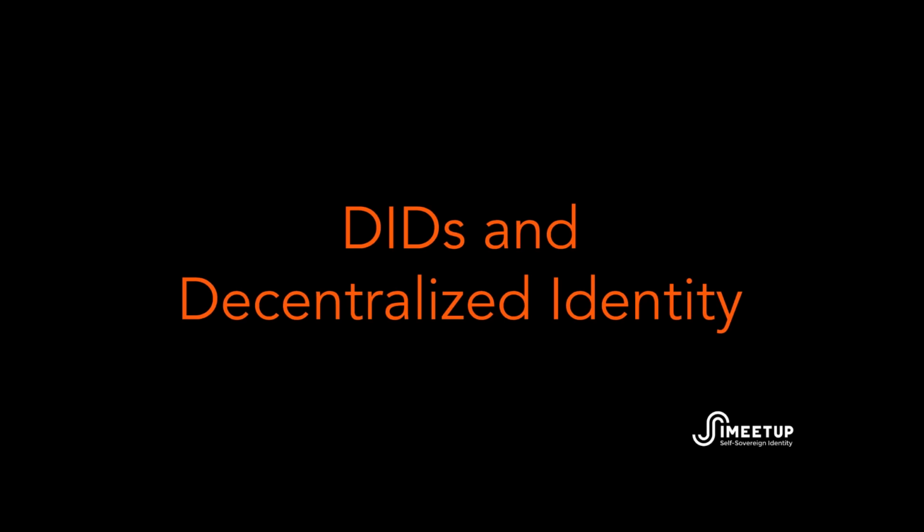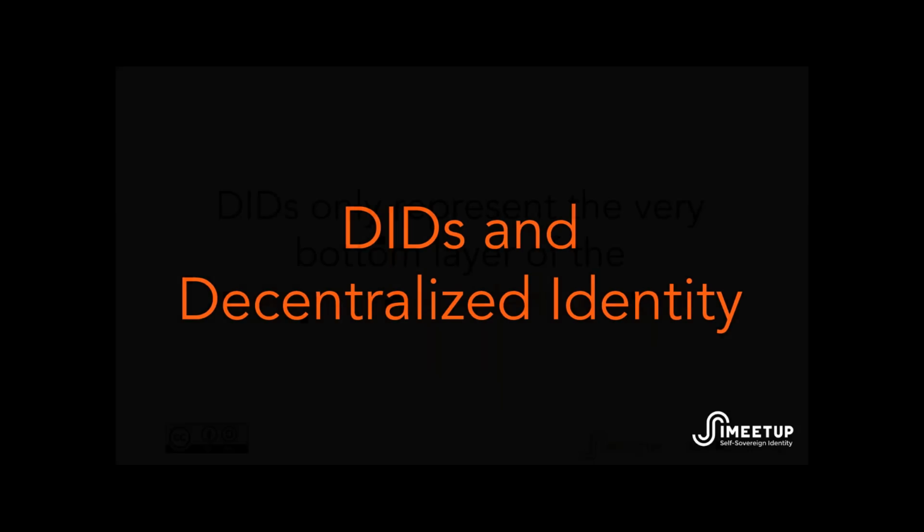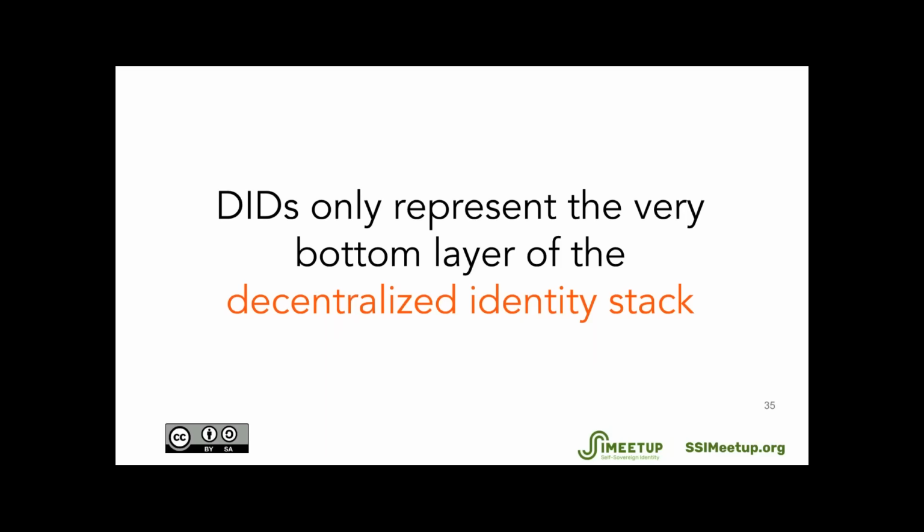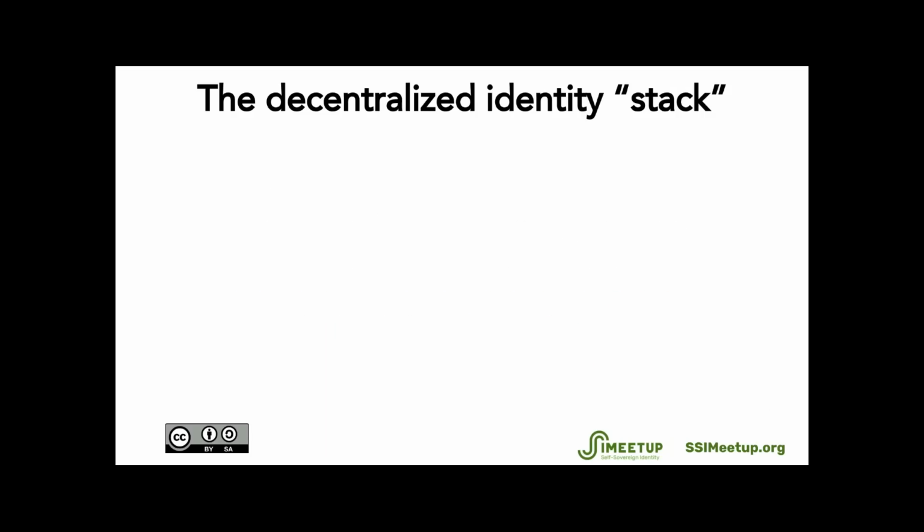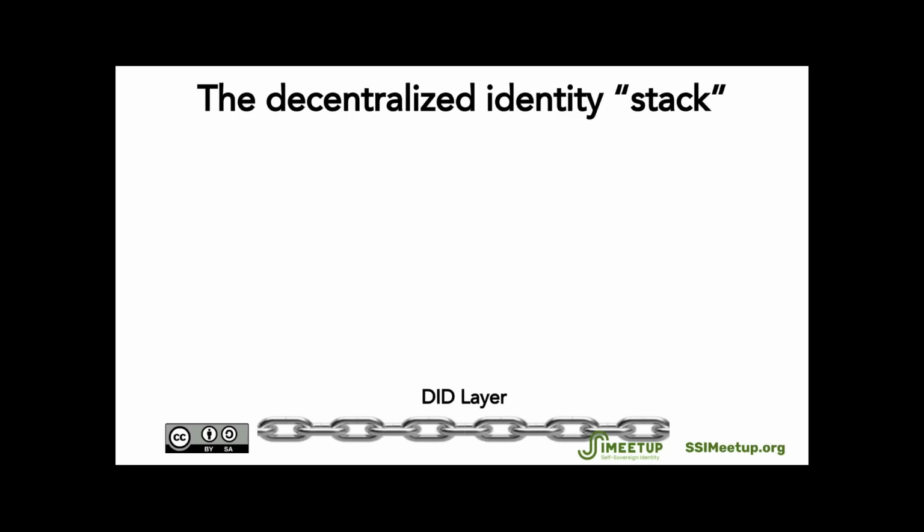I just want to clarify that now that we've talked about the guts of DIDs, DID documents, and DID methods, everything we've discussed is only the very bottom of what I call the decentralized identity stack. Let's take a look at this stack so that's clear. We've got this DID layer, and I'm not calling out any one ledger or DID method.